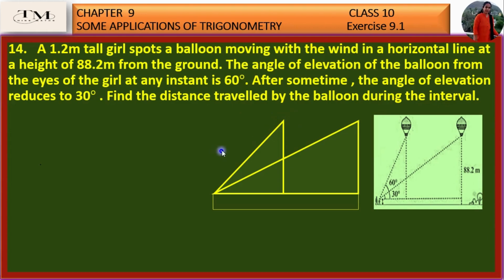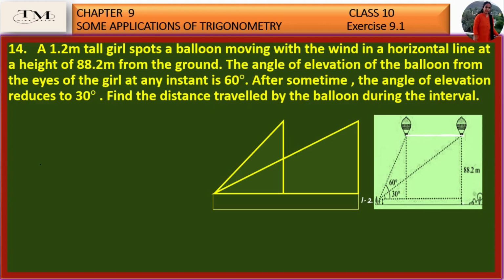Okay. Now here there are two balloons, traveling in a horizontal line. There is a girl. Her height is 1.2 meter. The girl spots a balloon moving with the wind in a horizontal line at a height.